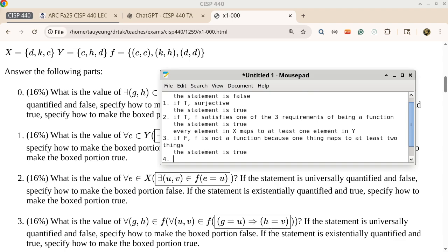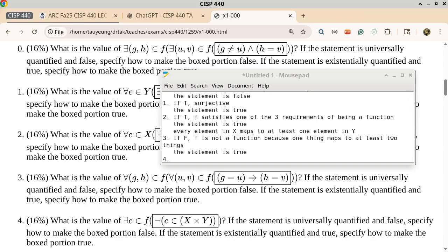Okay, here comes the last one, and you can probably guess what it is about, because we have already talked about injection, surjection, and two of the three requirements to be a function.